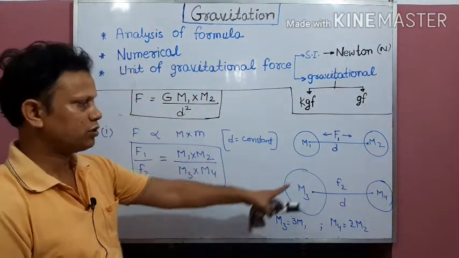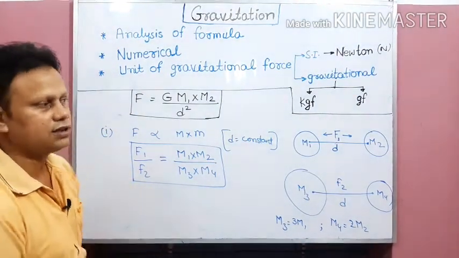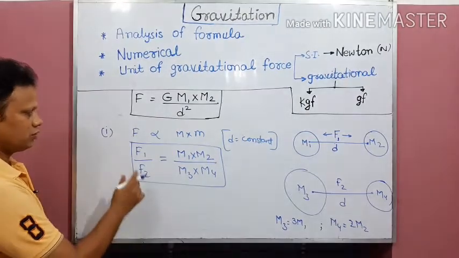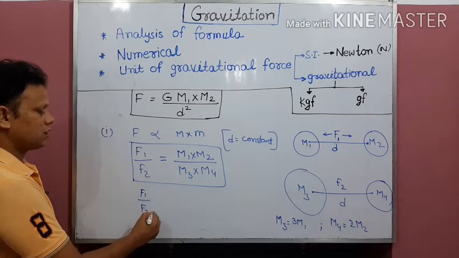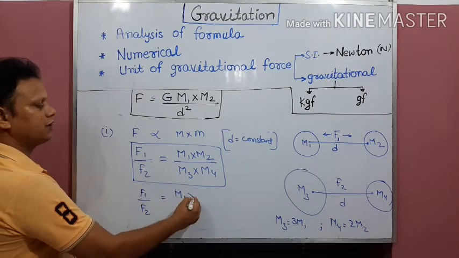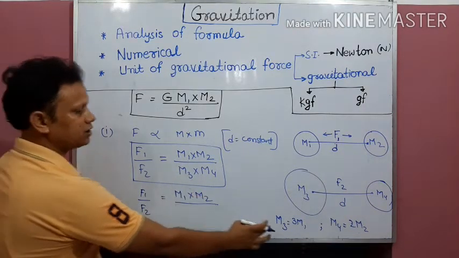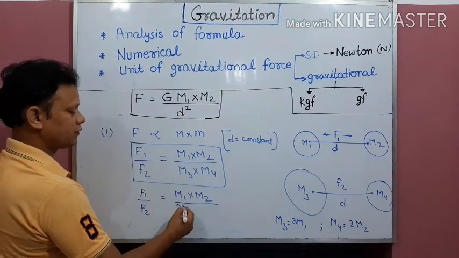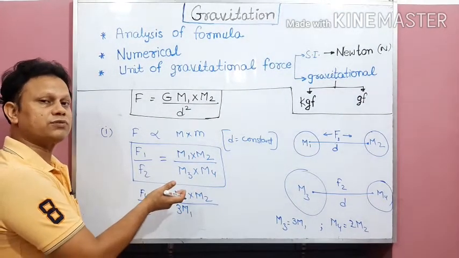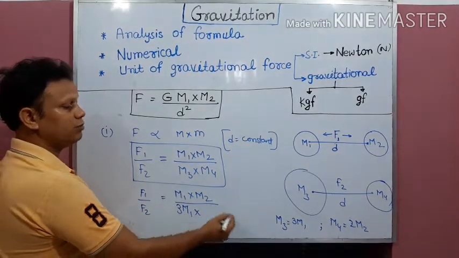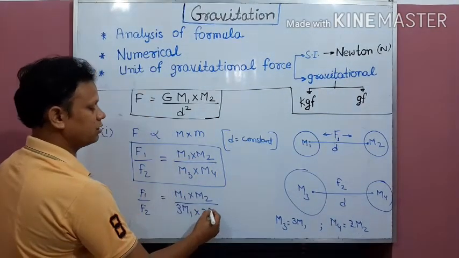Now we have to compare the value of force in these two situations, and we can do it very easily according to this relation. Taking this as my formula, I can write F1 by F2 is equal to M1 into M2, the original situation taken as it is. Now in place of M3, can we take 3M1? Because the new object has a mass 3 times the previous mass. And similarly for M4, we can take 2M2 because it has been doubled.